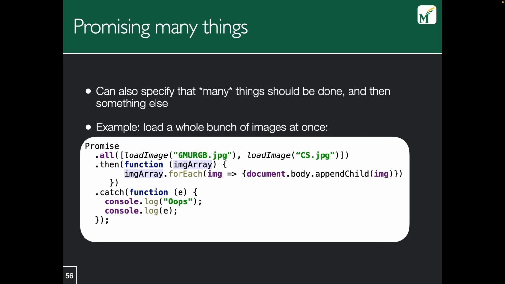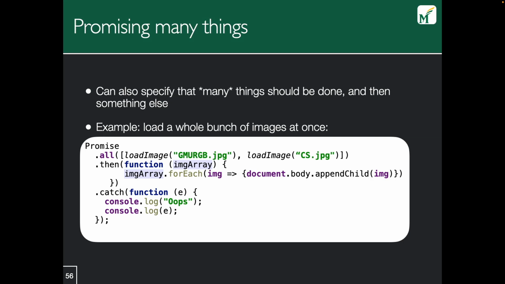But first, let's take a look at some things that we can do in terms of coordinating these asynchronous calls in different ways. We talked about how you can coordinate asynchronous calls step by step using promises.